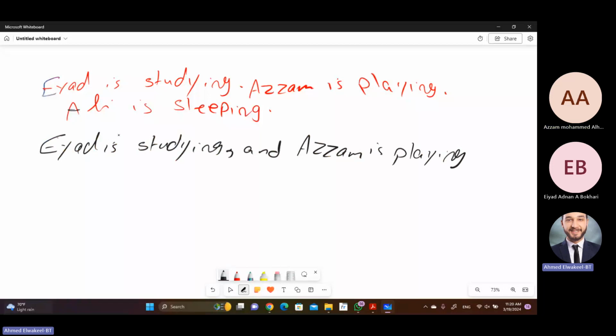Correct? So far, so good? Now we need to add the complex part, so use a subordinating conjunction: while Ali is sleeping. In this case, I have three clauses. Two of them are independent, and one is dependent by using while. And this is the compound complex sentence.